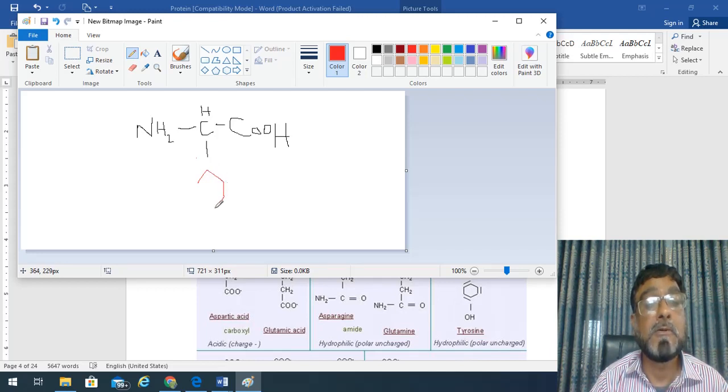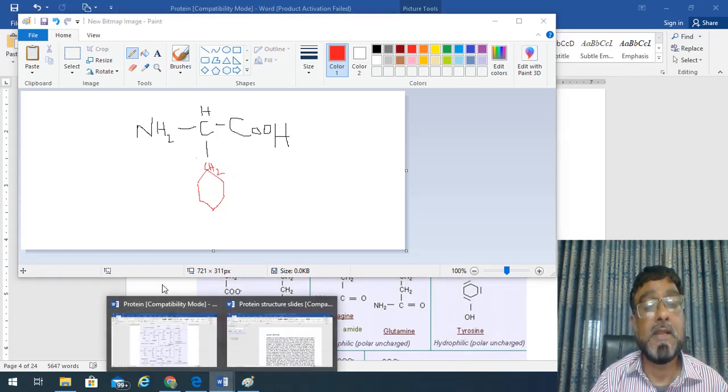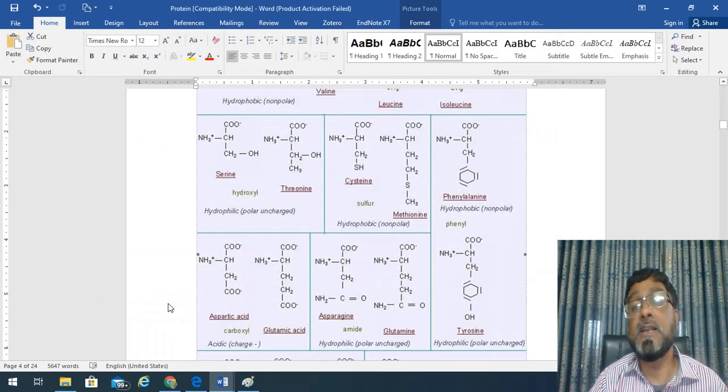So this is aromatic, right? So this is actually phenylalanine. This is hydrophobic and non-polar.